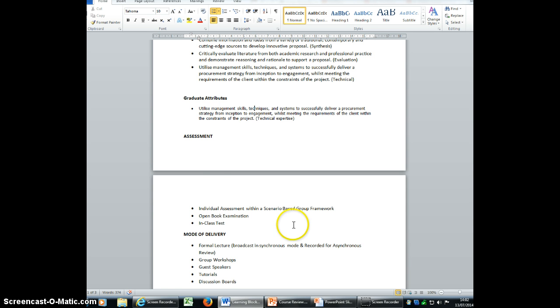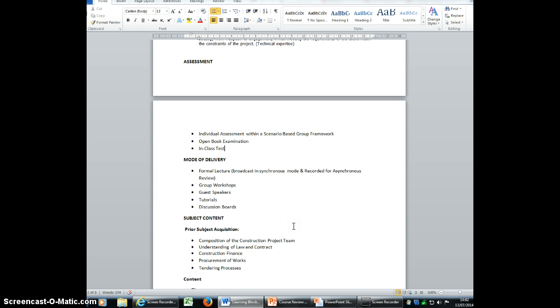Then I've got mode of delivery. Mode of delivery is formal lecture, but I'm going to save it and broadcast it synchronously, which basically means that anyone can pick it up in real time.